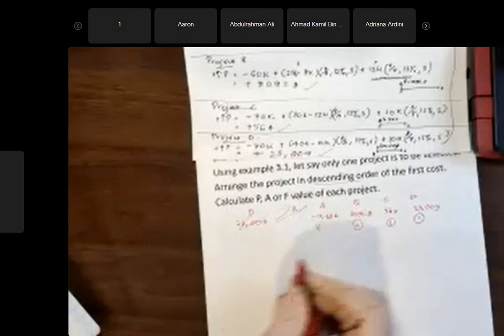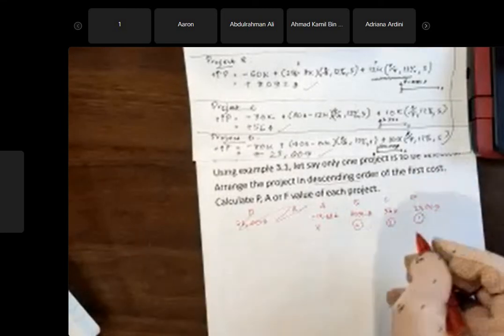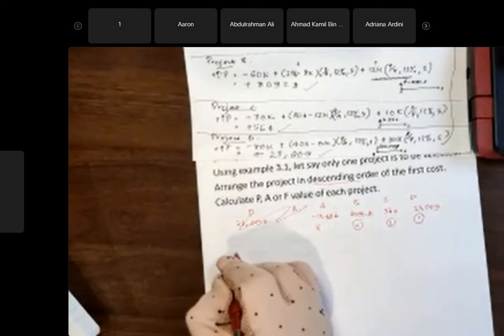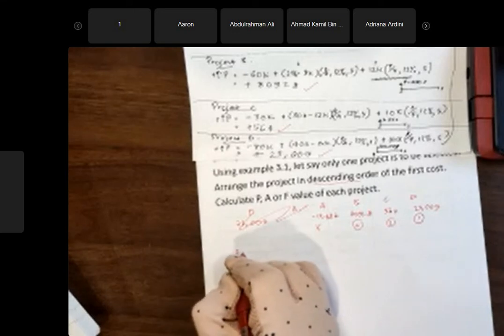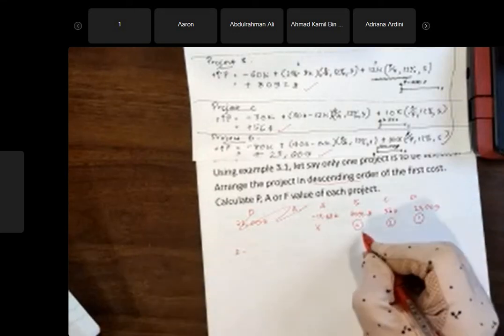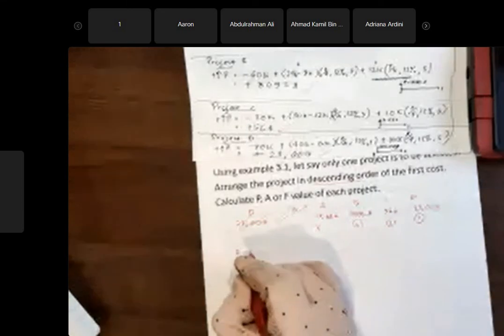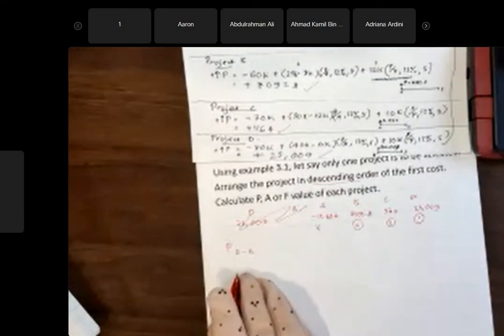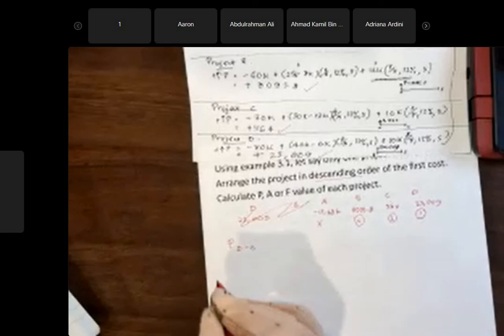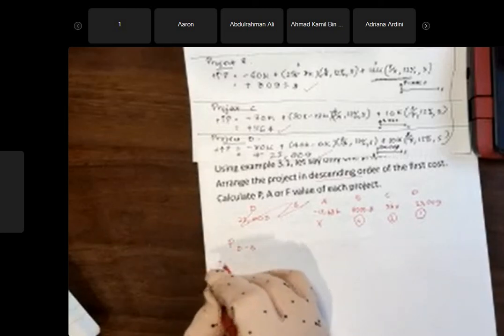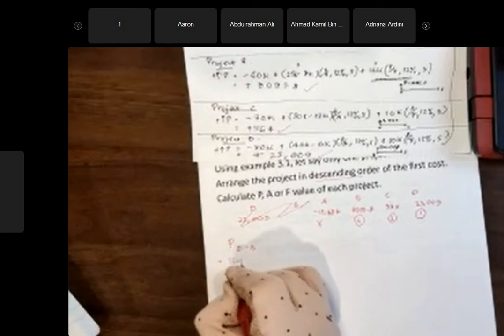What you have to do is take D, the highest, and project D minus the second project. So you have to simplify; the step is to simplify.